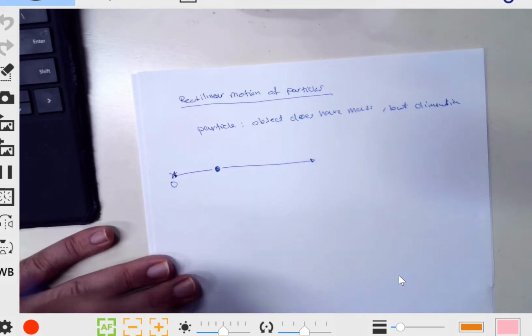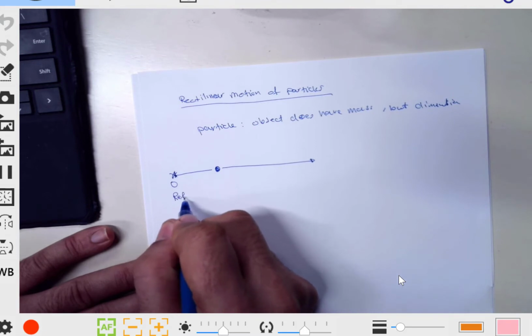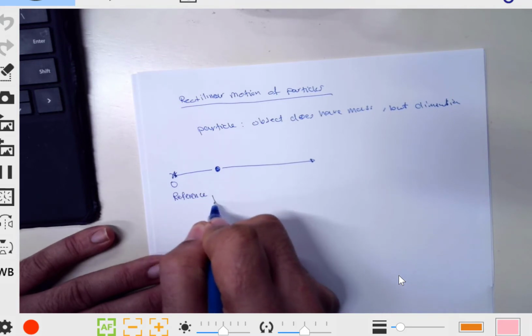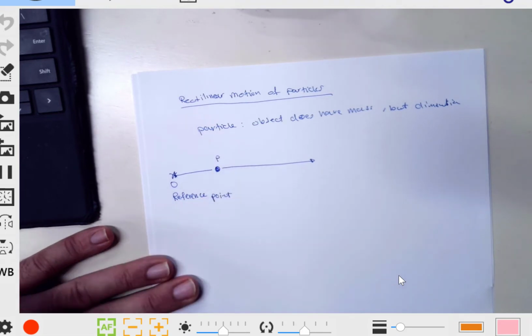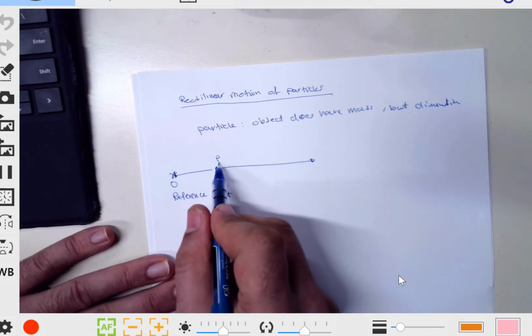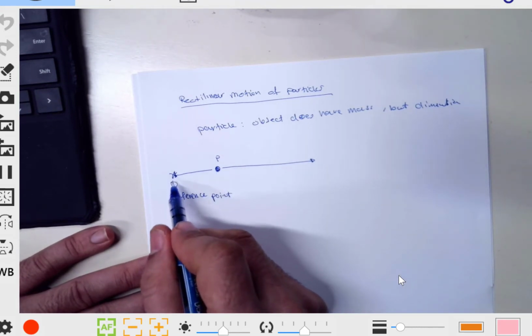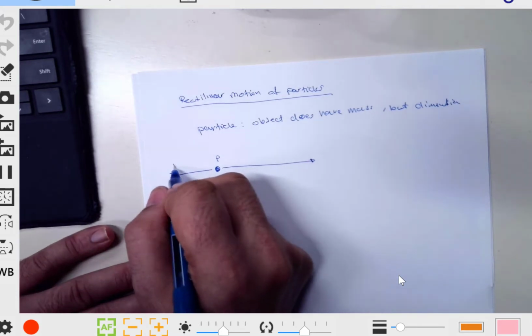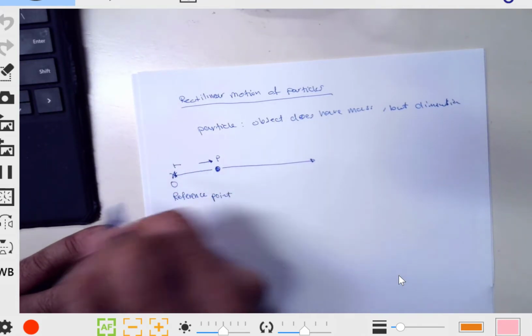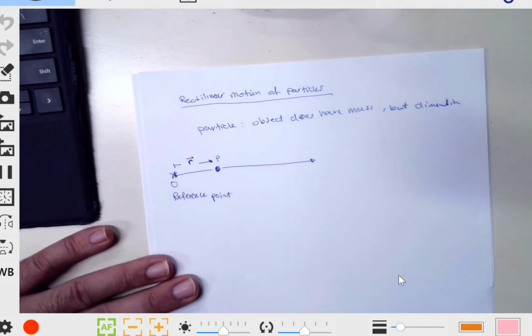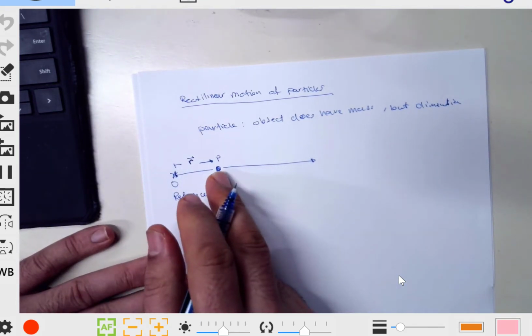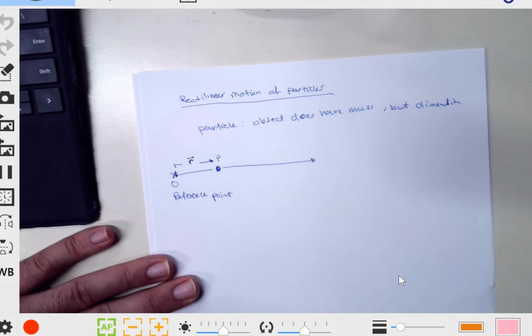We call it O. So O is a reference point. And this particle, call it P, is moving in a linear motion, and the position of this particle as measured from O, let's say, is given by r. Now remember, r is the position of the particle with respect to reference point O.